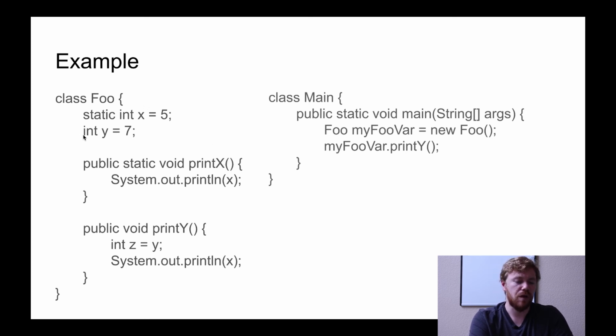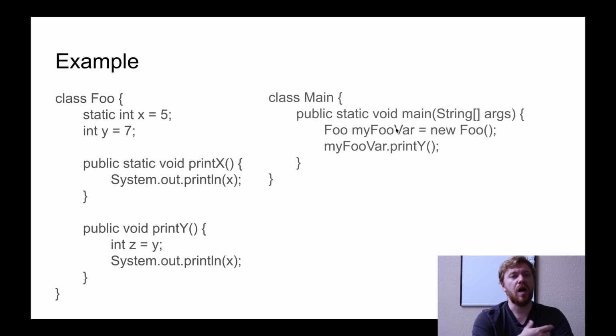And now if we follow along, we've got this int y equals 7. When I have created this Foo variable, you'll notice it's local to the scope of a method. So this variable name is going to reside in the stack, and its value is an address.